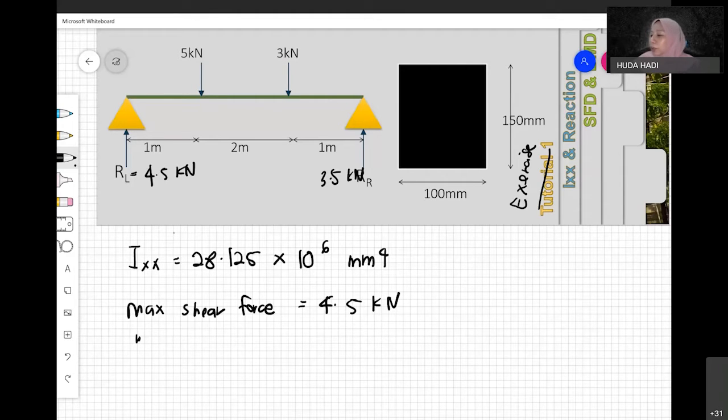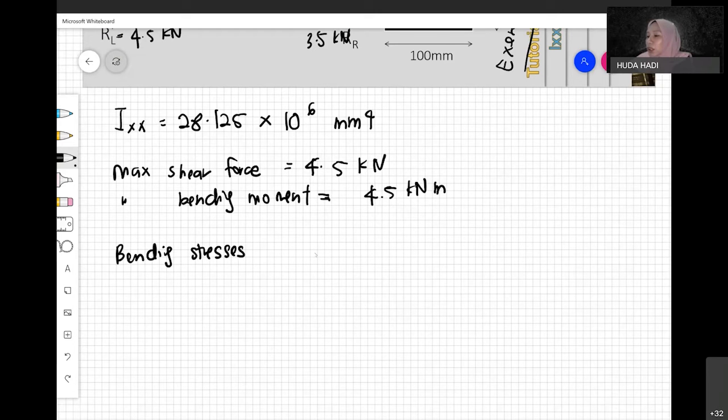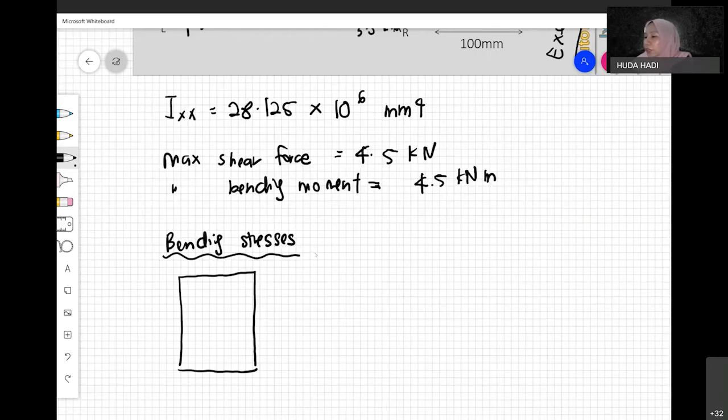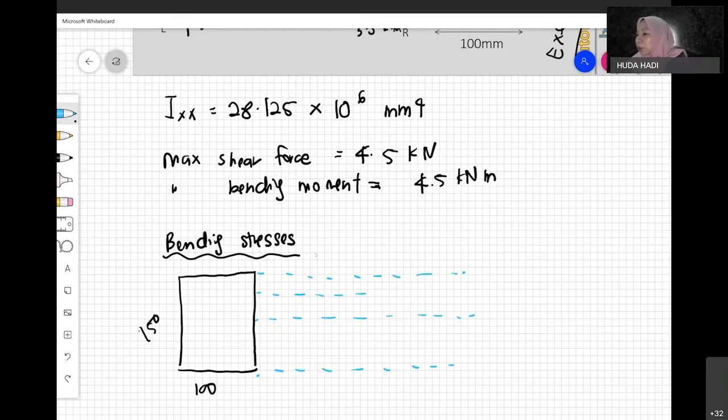The maximum bending moment is 4.5 kilonewton meter. And we're going to draw this 150 and this is 100. I pun buatlah garisan. I bagi 5 equally. Kenapa I bagi 5? Because dia actually total dia 5 marks.